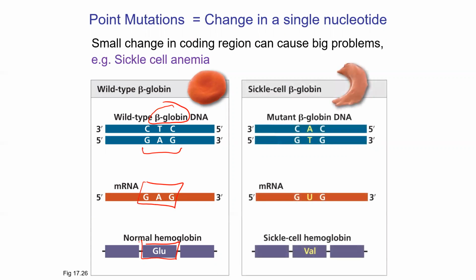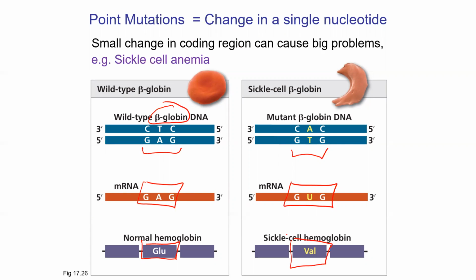So some people have a mutation in this gene, and this is called the sickle cell mutation. So you can see that this codon here in the messenger RNA becomes GUG, which is valine.